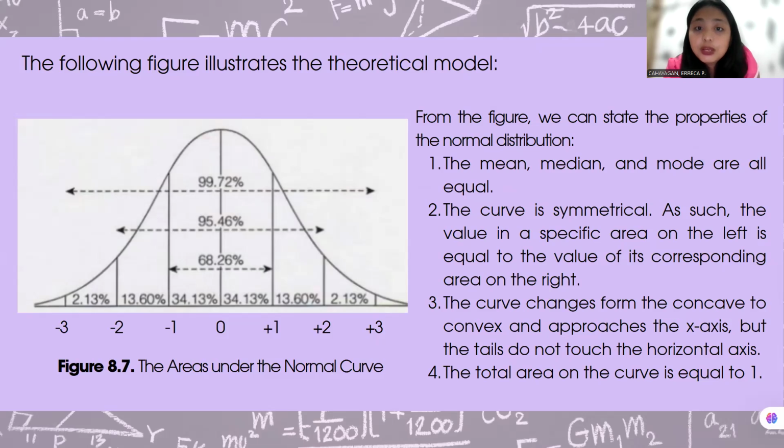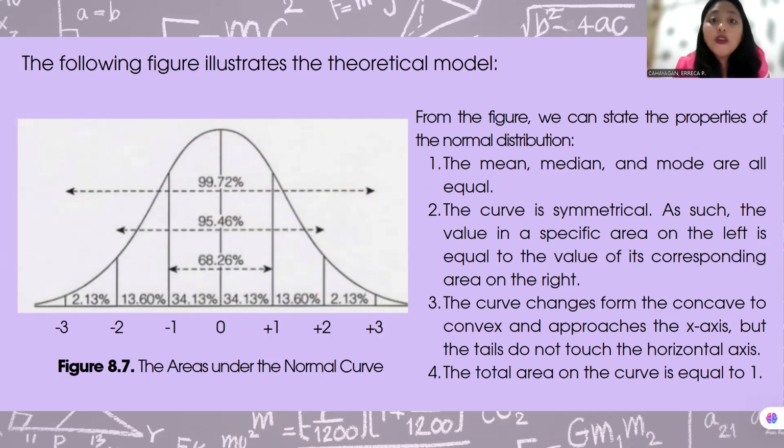From the figure, we can state the properties of the normal distribution. First, the mean, median, and mode are all equal. That means the mean, which is the average, the median, the middle value, and the mode, the most frequent value, are the same number, right in the center of the curve, like if I write 0, for example.